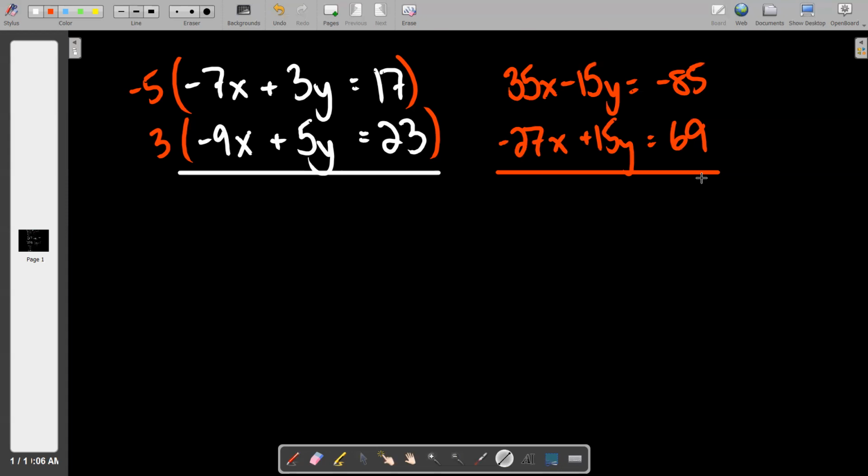By doing what we did, we've made it now so that the y's will eliminate. And so now when we add the equations together, how many x's do we get? Positive 8. So we have 8 x's equal to, what's negative 85 plus 69? Not 16. Definitely negative 16.